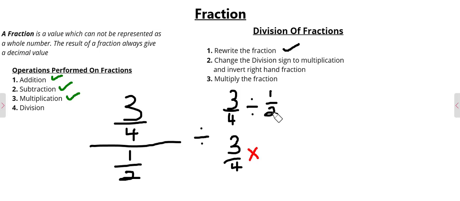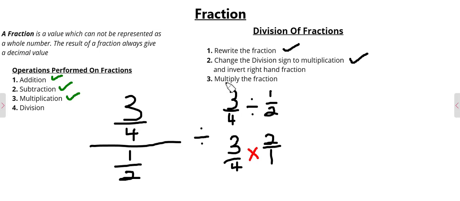This simply means that 2 becomes the numerator and 1 becomes the denominator. So we have 2 all over 1, and we know 2 all over 1 is the same thing as 2. So we have done the second part of the steps toward finding the division of fractions.